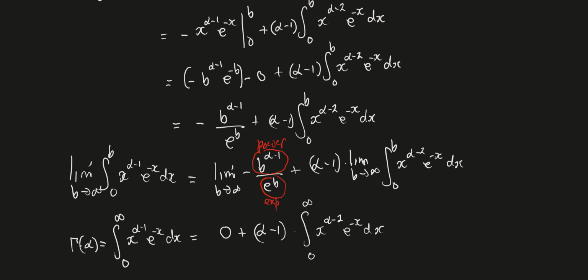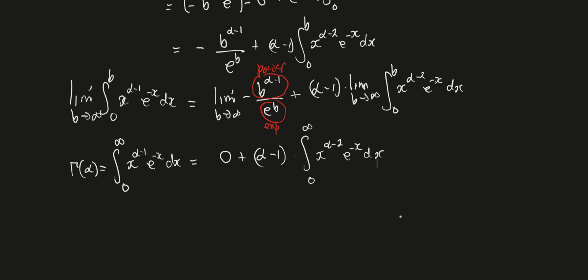So if the gamma of alpha is defined this way, then this integral over here should be another gamma function, but just notice that this exponent is 1 less than this exponent, right? Pretty interesting, right? So this power is 1 less than this power, so that means this improper integral represents the gamma of alpha minus 1, right? So take a look at that. So I can write this.